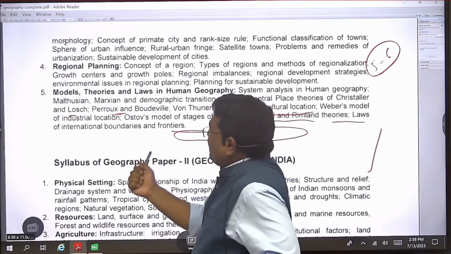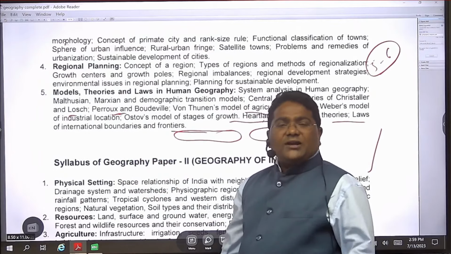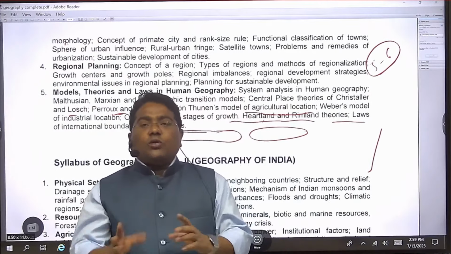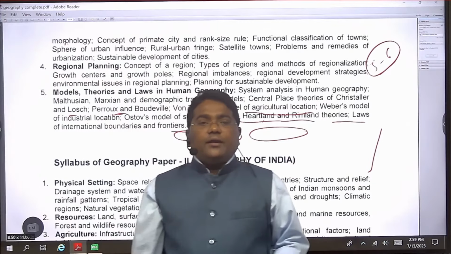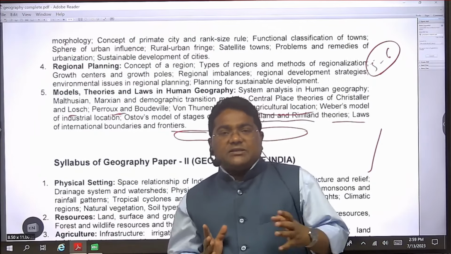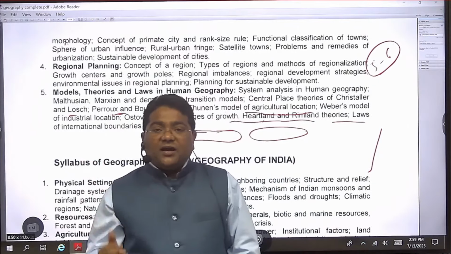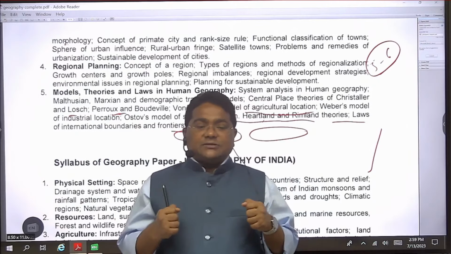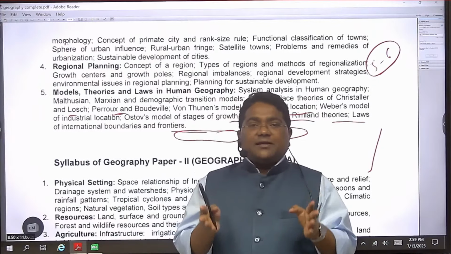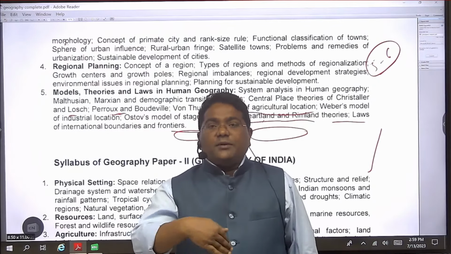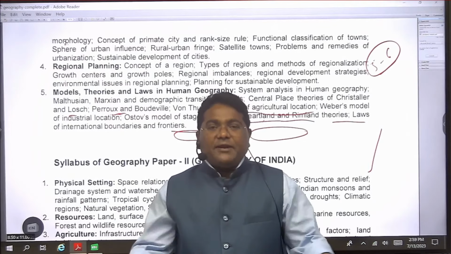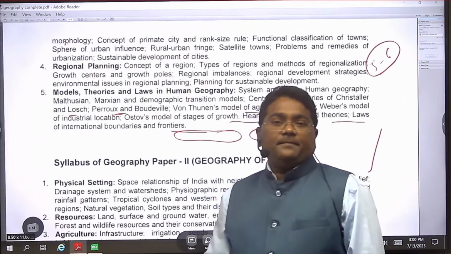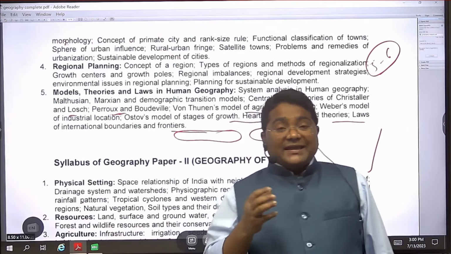And international boundaries and frontiers. What is a boundary? A boundary separates two countries. For example, the Indian boundary and Pakistan boundary, the McMahon line with China, and Radcliffe, right? The boundary separates. For example, if two brothers are there, they will have a boundary between their lands, meaning they are separating. A frontier does not separate. A frontier connects.